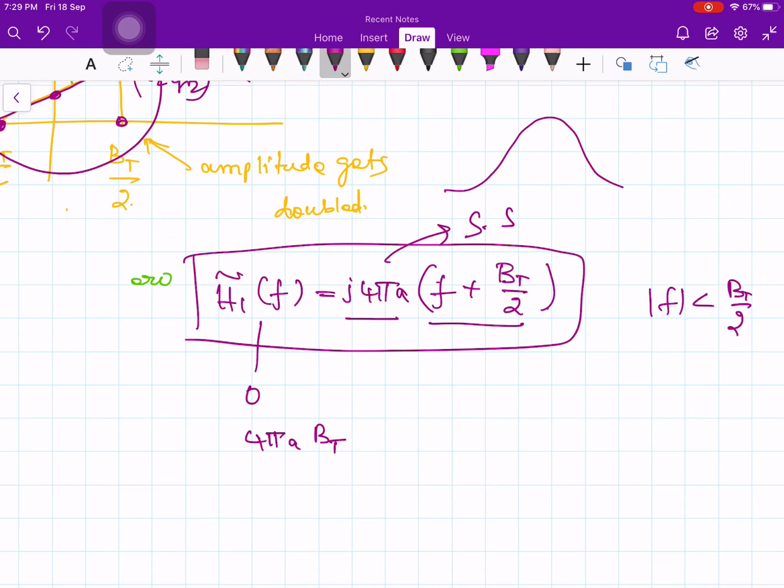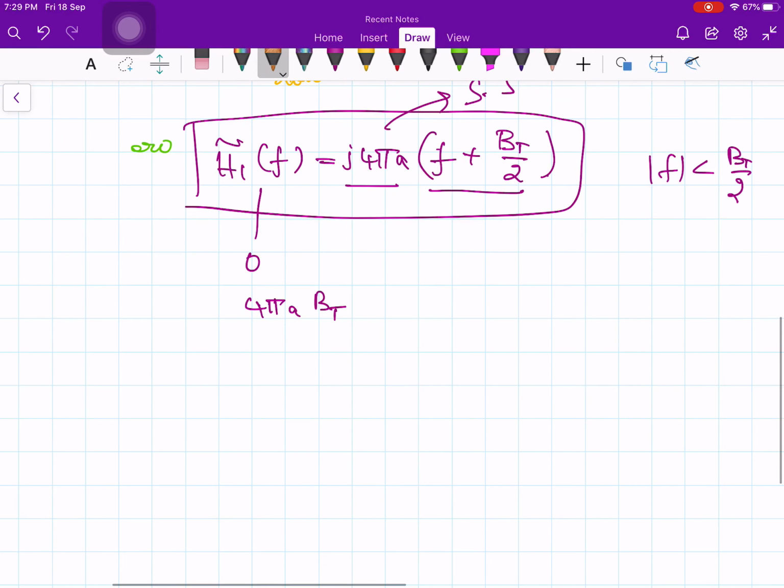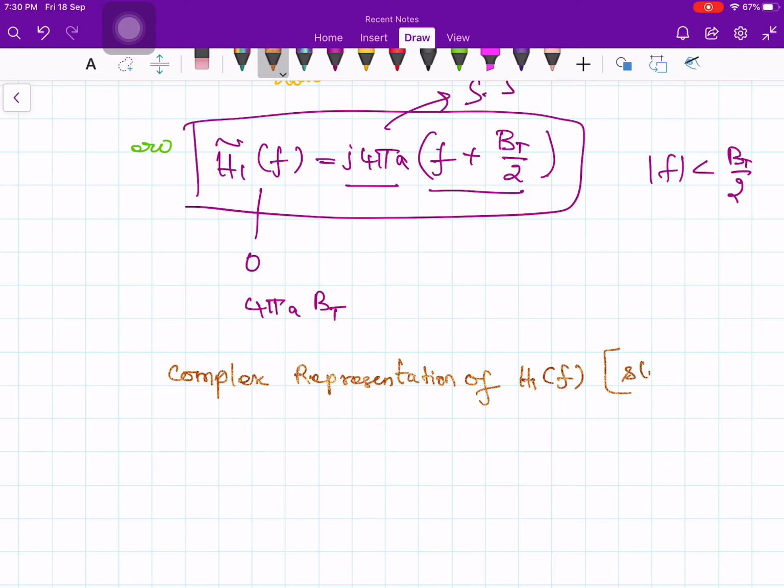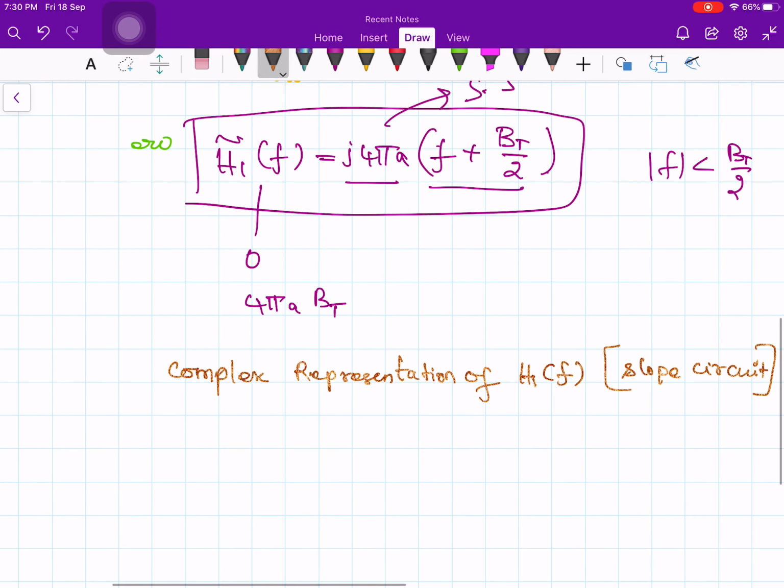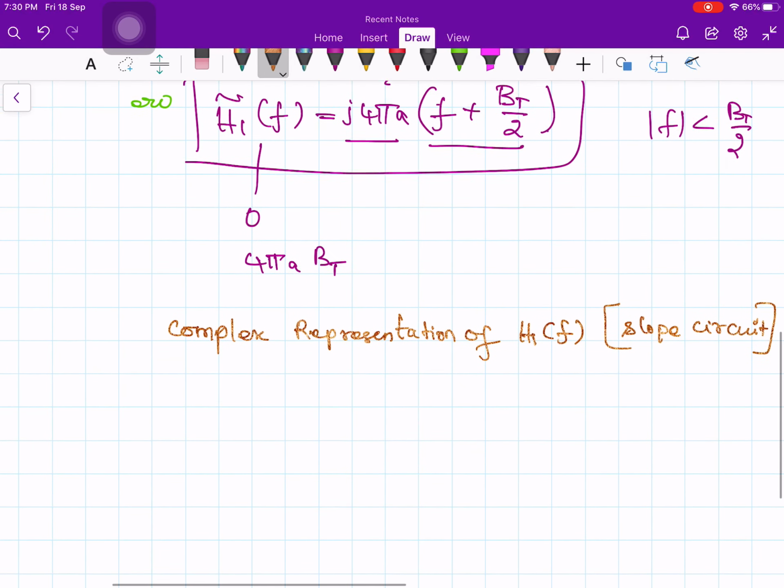So let me write down this complex representation of H1 of f. This is called a slope circuit. It is no more a bandpass filter. Of course, the slope circuit is realized by a bandpass filter, but now we are calling it a slope circuit.